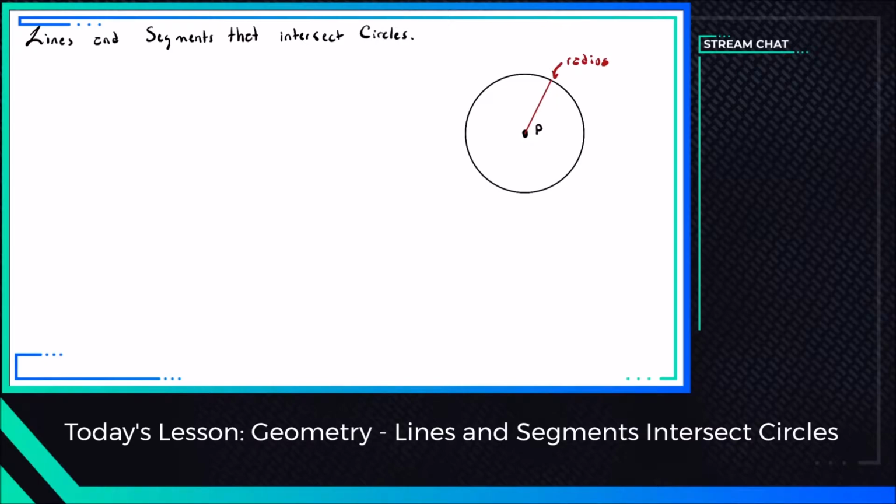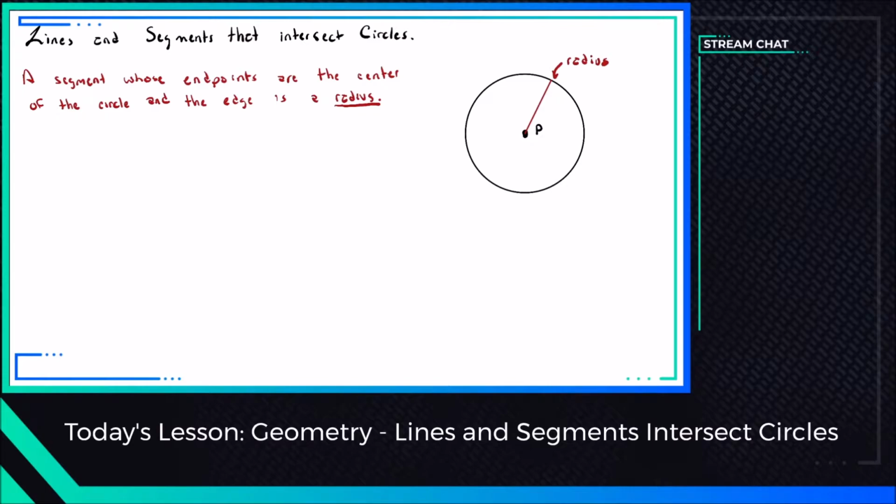And so a segment whose endpoints are the center of the circle and the edge is a radius. All right, most of you guys probably already know what the term radius is.